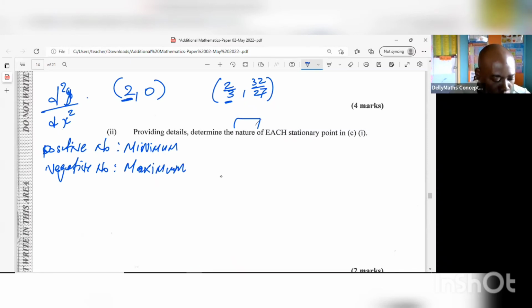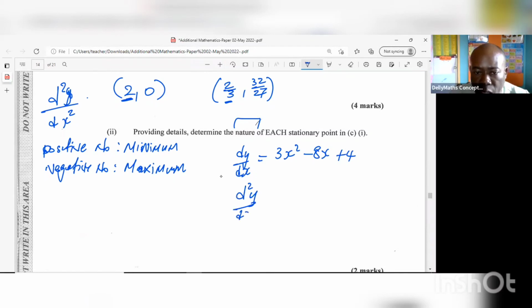Now the first derivative that we got, dy/dx, remember it was 3x squared minus 8x plus 4. That was my first derivative. So my double derivative is going to be 6x minus 8. So I want to evaluate now. Let's take stationary point 1. Remember, it's the x, so we're talking about when x is equal to 2.